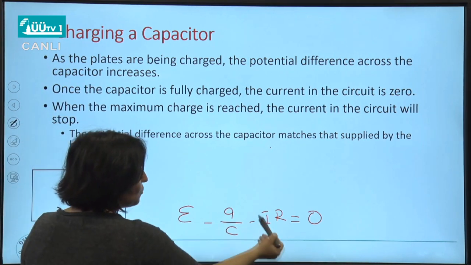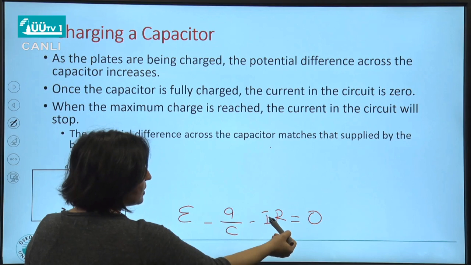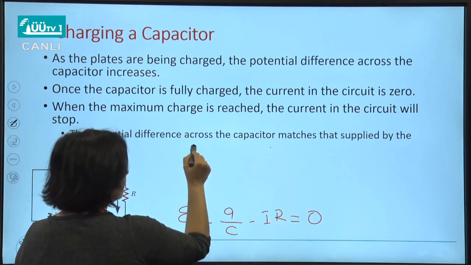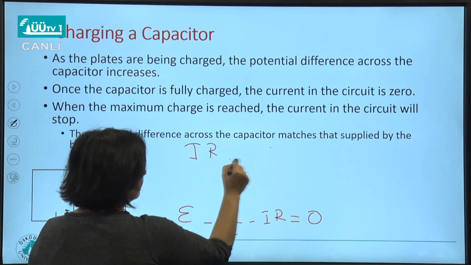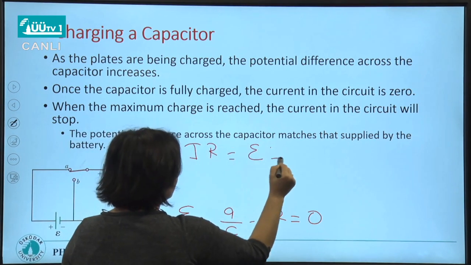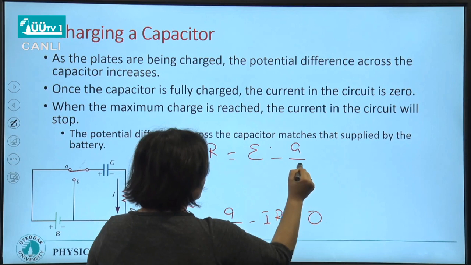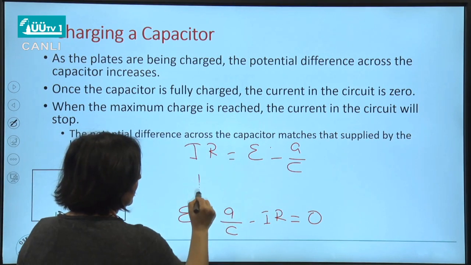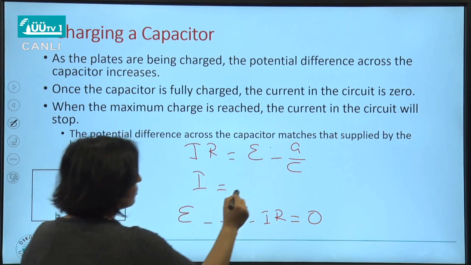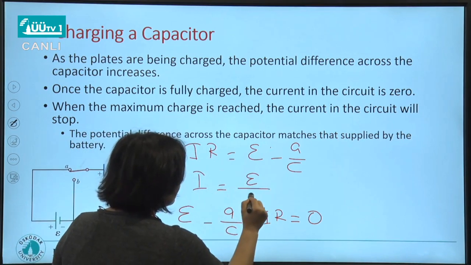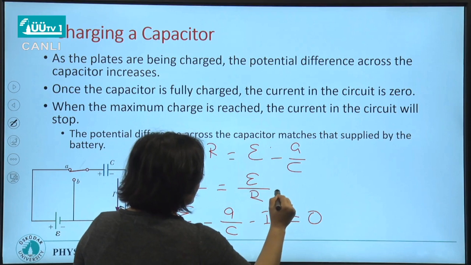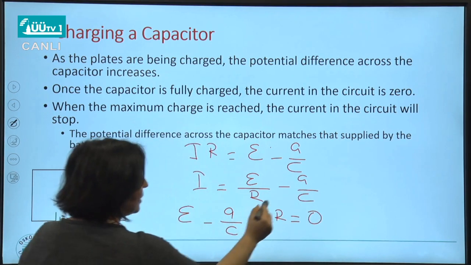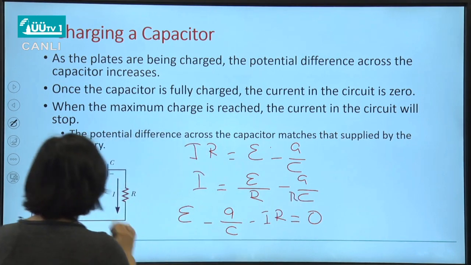If you want to write a formula for the current here, we can take IR to the other side. So you can write IR equals epsilon minus Q over C, and take the R to the other side, and you can write I equals epsilon over R minus Q over RC.